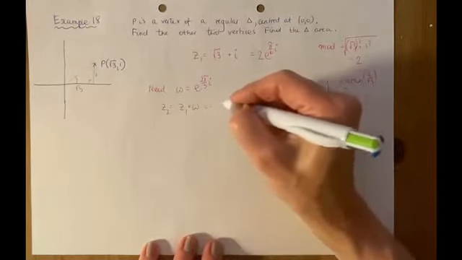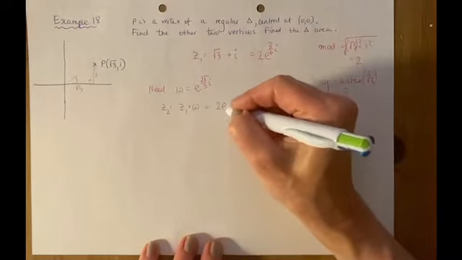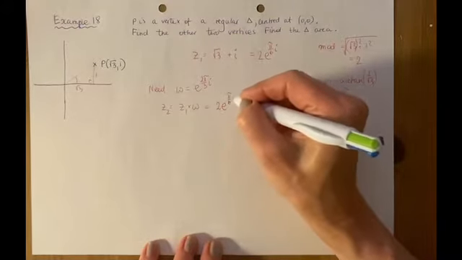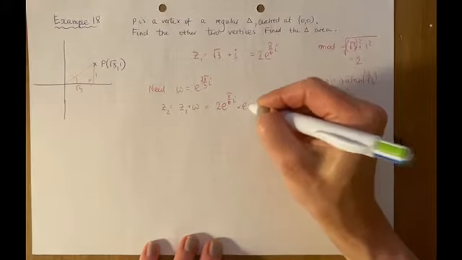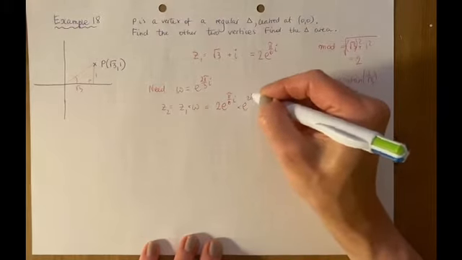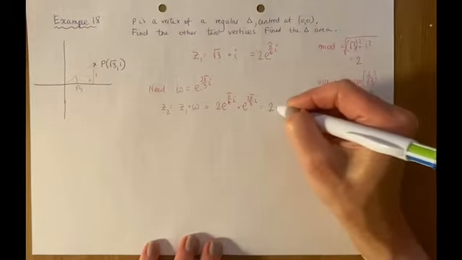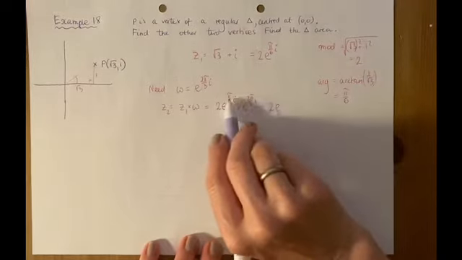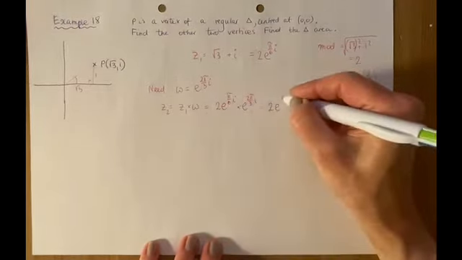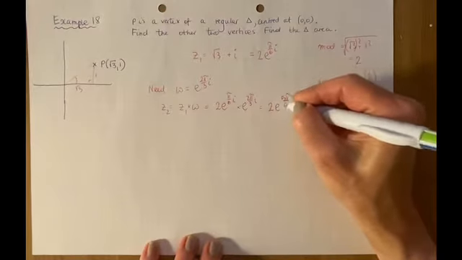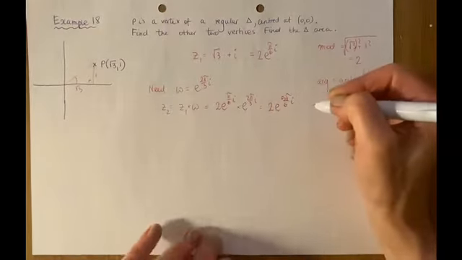vertex. So this is going to be 2e to the power of pi over 6 i multiplied by e to the power of 2 pi over 3 i. So this is 2e to the power, add these two numbers, that gives me 5 pi over 6 i.